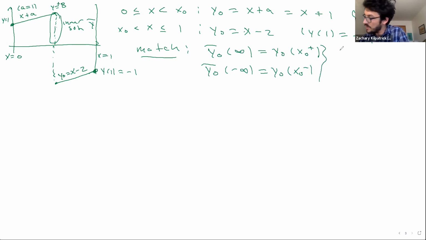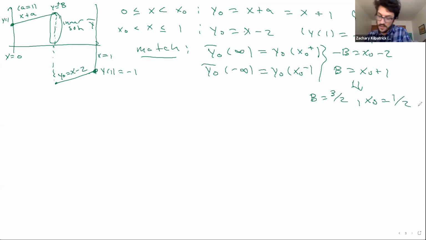So this essentially means that minus b is equal to x0 minus 2, and b is equal to x0 plus 1, okay? And I can solve this pair of linear algebraic equations, and I get b equals 3 halves, and x0 equals a half, okay?